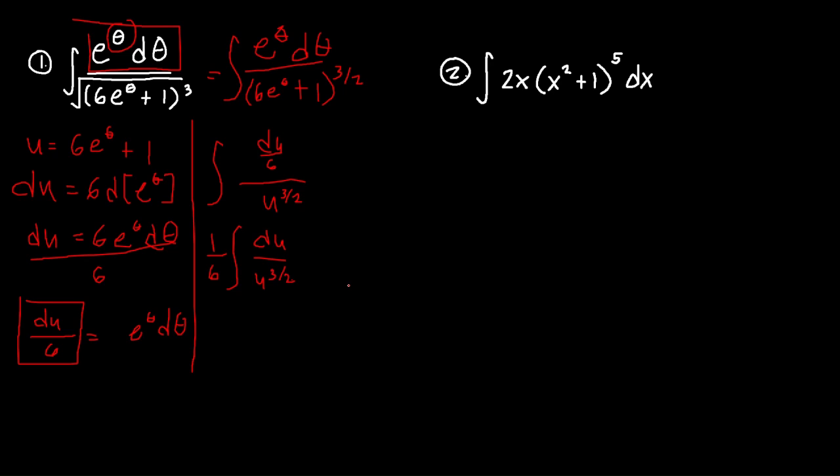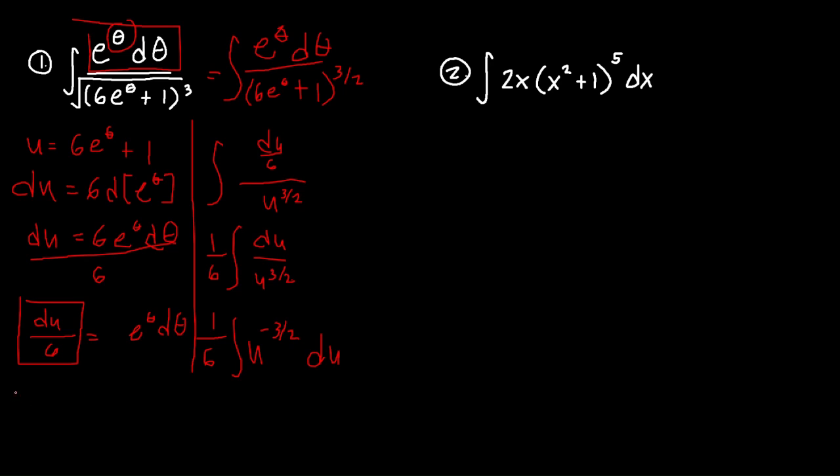Now it would be nice if we could have used our logarithmic formula here, but since there is an exponent, we cannot do that. However, we can find the reciprocal of u to the power of 3 over 2, or just invert it. So this will be u to the power of negative 3 over 2 times du, and that is now the power formula.